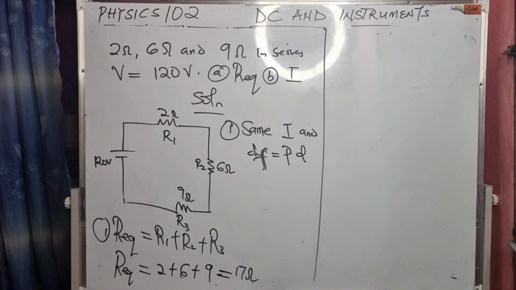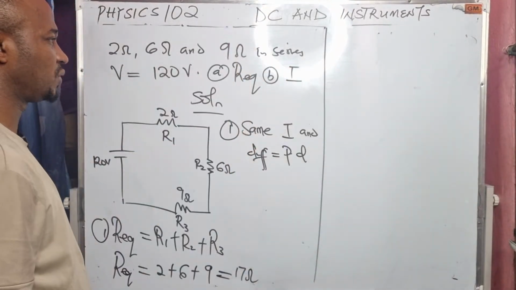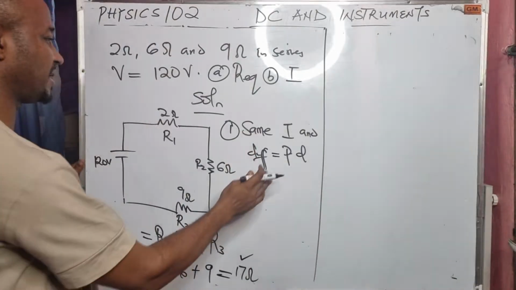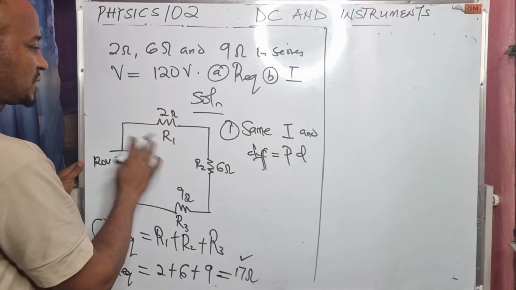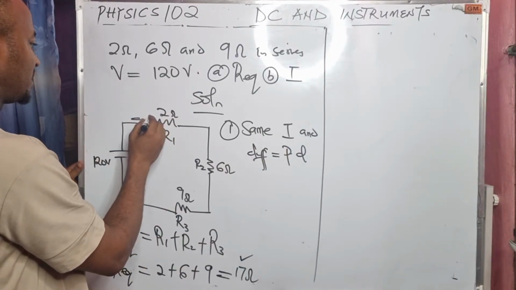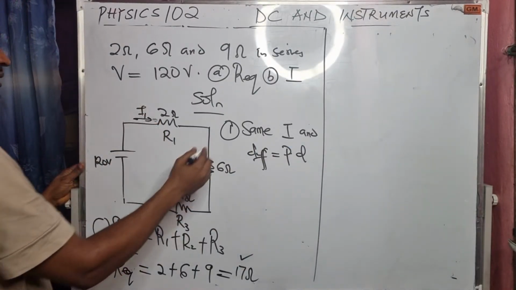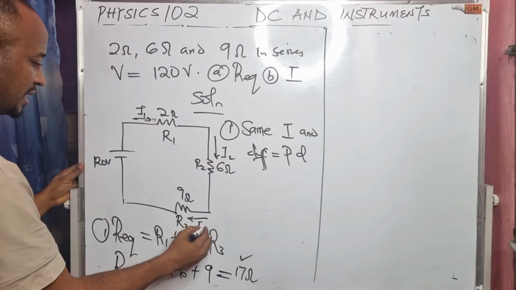Since the question says let's find our R equivalent and the current that flows, we have gotten our R equivalent at 17. The next is to find the current that flows through each of these resistors. So we have our I1 current here, here we have I2, here we have I3.